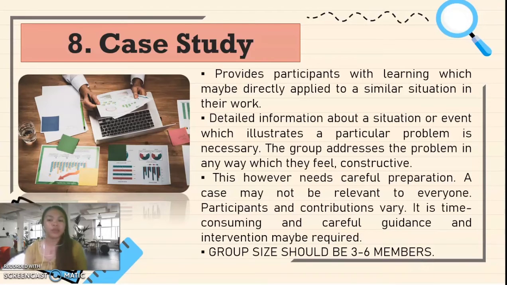A case may not be relevant to everyone. Participants' contributions vary. It is time-consuming and careful guidance and intervention may be required. Here, you will really do research about that certain case, how you will solve it, and what your recommendations are. The ideal group size for this is 3 to 6 members.